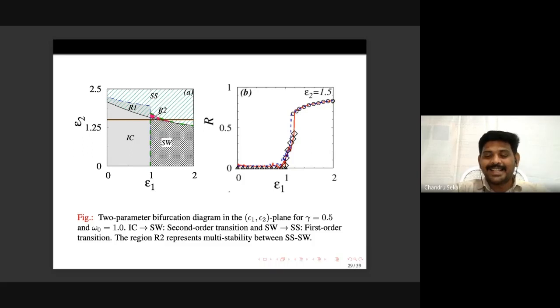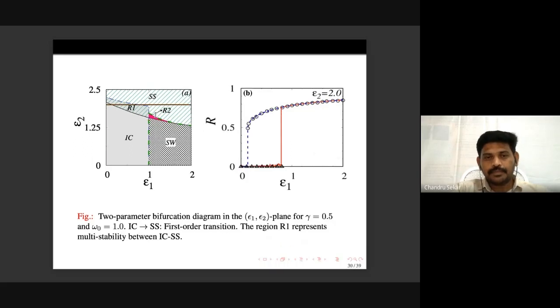And further increasing the coupling, we have a first order transition from the incoherent state to the stationary synchronized state. Due to that, we have a bistability region R1.